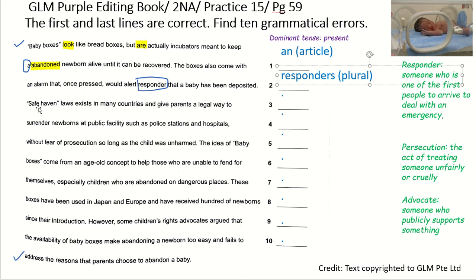Safe haven laws exist in many countries and give parents a legal way to. Okay, I notice here that there is "laws," and there is this plural verb "gives" that is not in plural form.